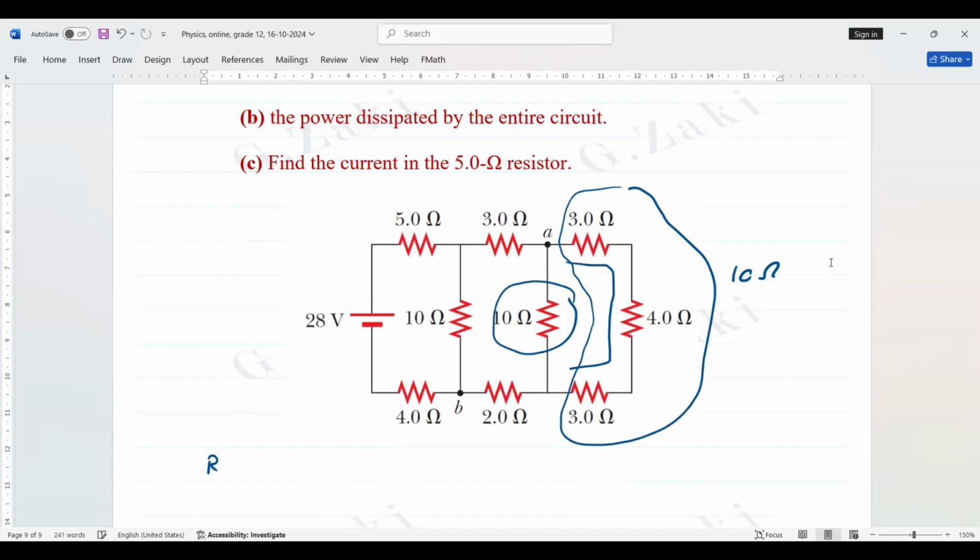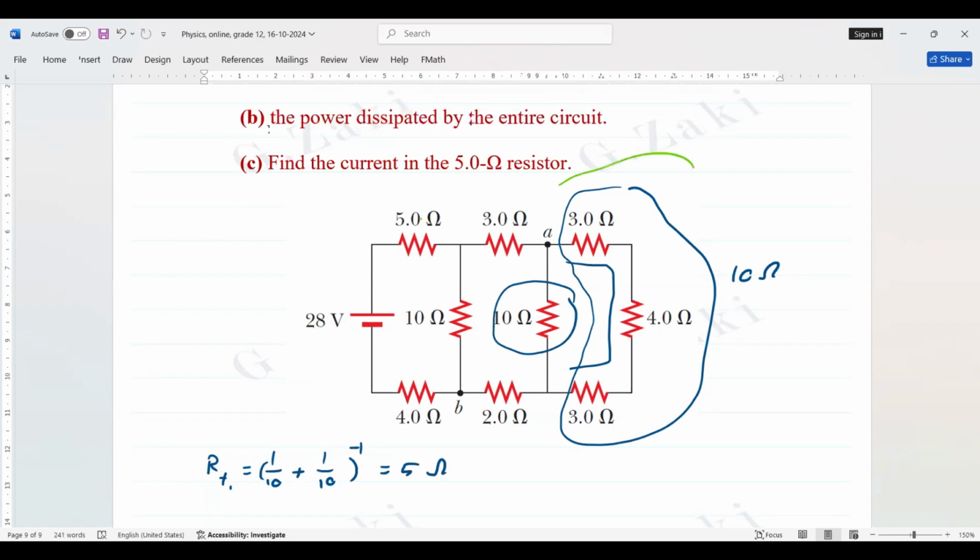So it's (1/10 + 1/10)^-1. The answer is 5 ohm. Then we replace all of these by 5. Can you see here?